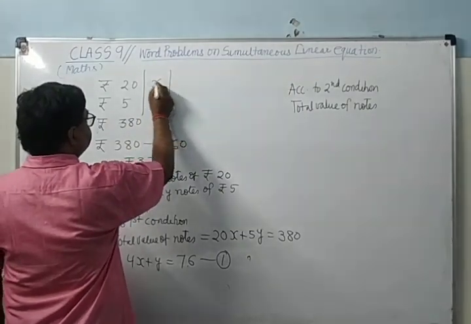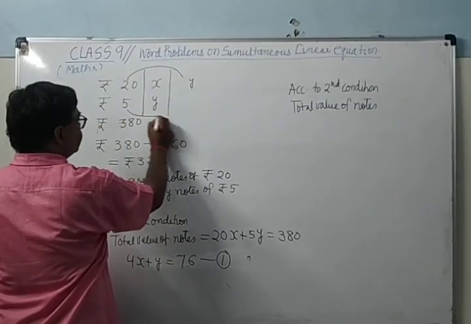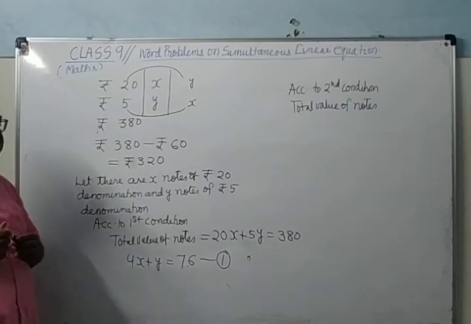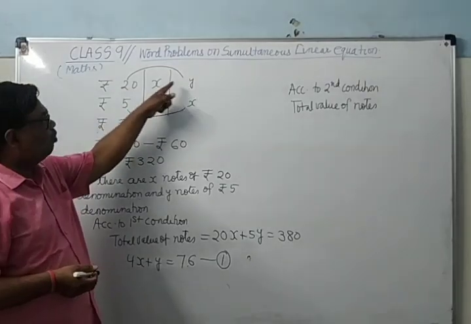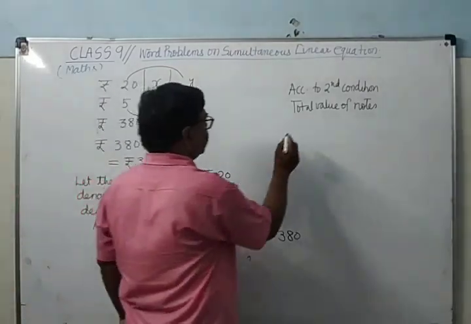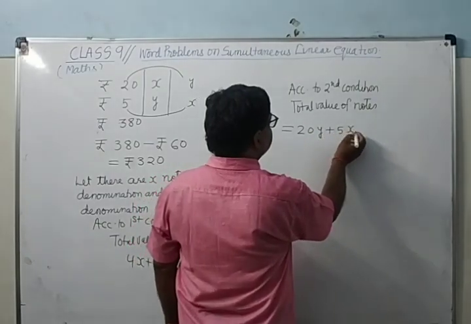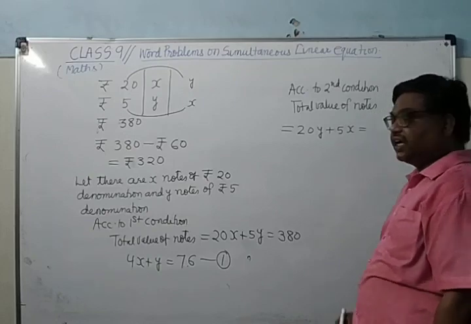In the second condition, now 20 rupee notes are Y and 5 rupee notes are X. So what will be the total value? 20Y plus 5X equals, now its total value is 60 less than before.